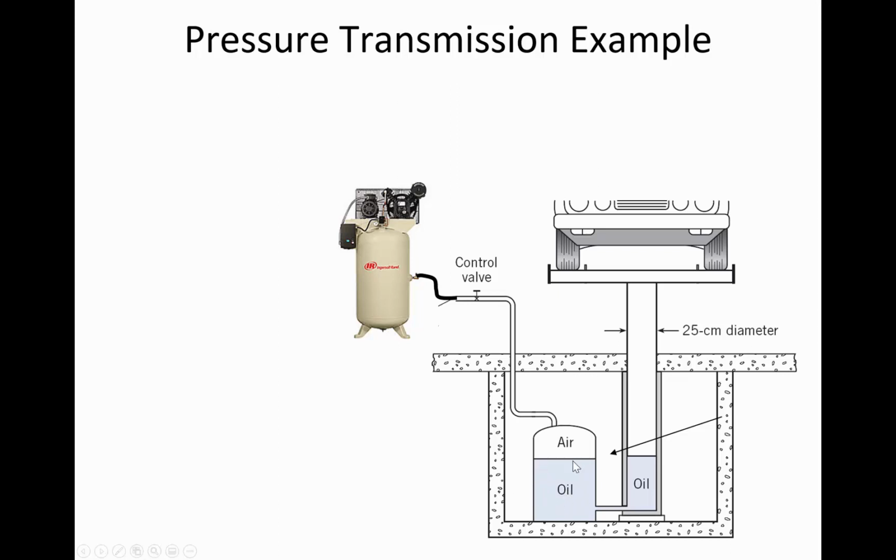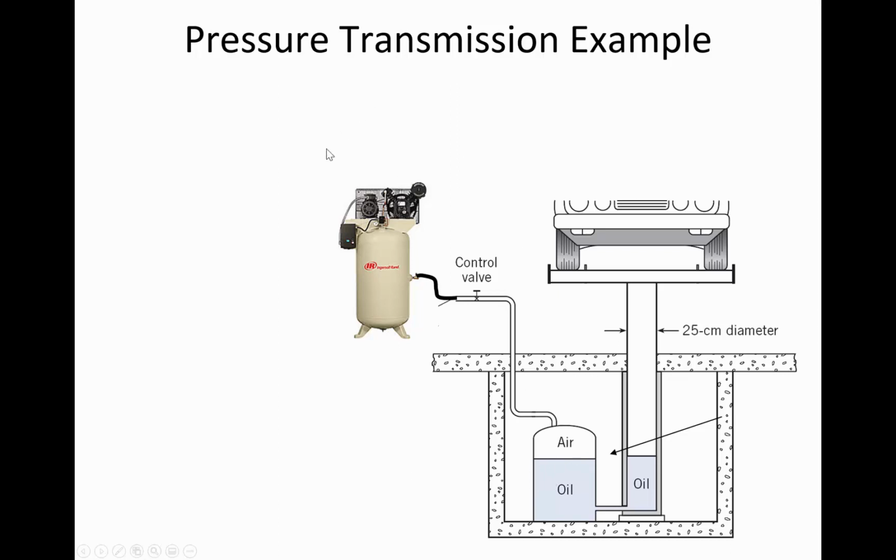The purpose for that is that the air is pushing down on the oil because the pressure acts in all directions. If we have a horizontal surface, this interface of the air and the oil, then the pressure is going to be acting down upon that interface. And so now the oil is pressurized because the air above it is pressurized.